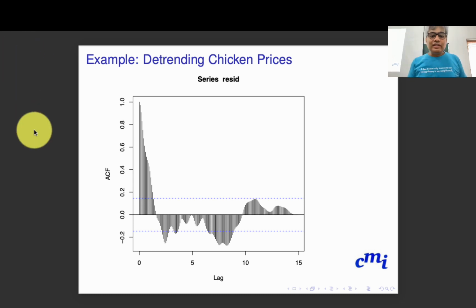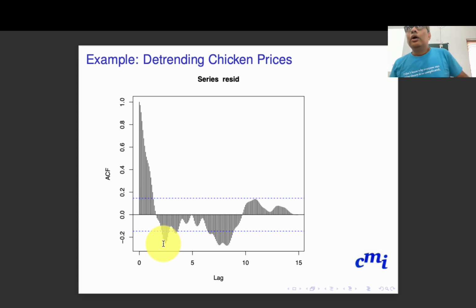The autocorrelation function is clearly telling me that maybe lag 7, lag 8, or lag 2 is strong enough to bring these lag variables into your model.